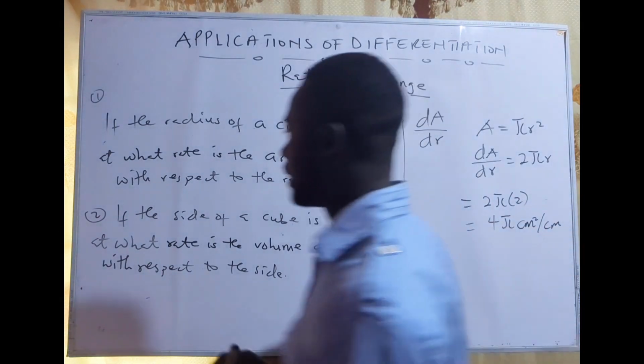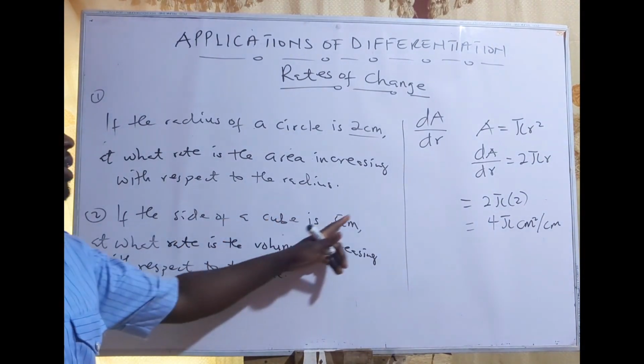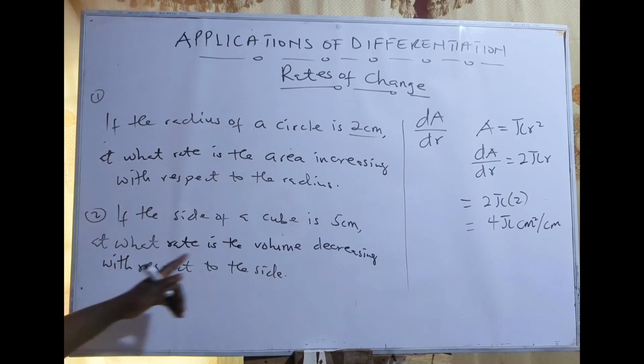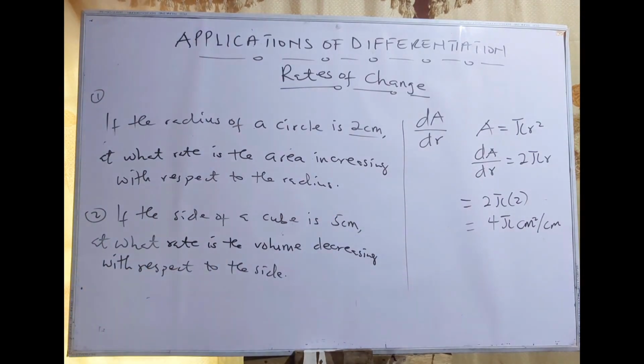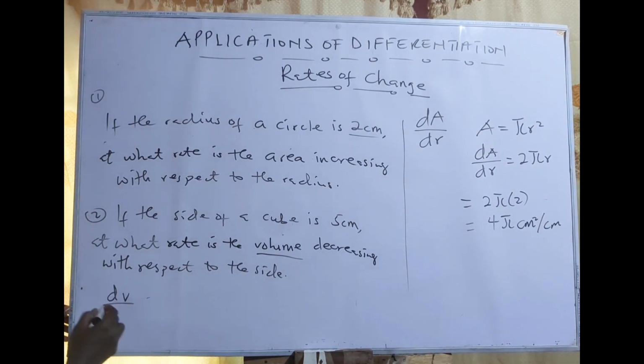Then let's look at number 2. If the side of a cube is 5 centimeters, at what rate is the volume decreasing with respect to the side? So he's talking about the volume with respect to the side.